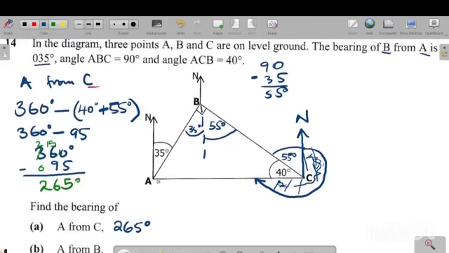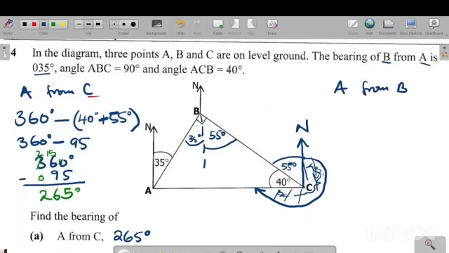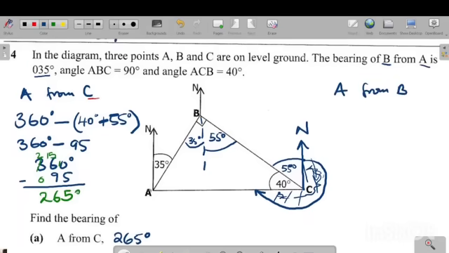The bearing of A whilst you are standing at B. So the point at which you are standing, which is at B, you are supposed to draw a north, but in this case we already have a north.